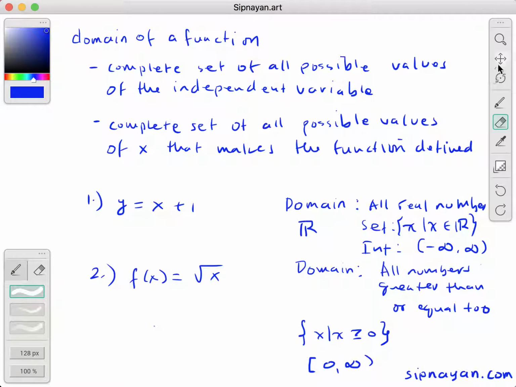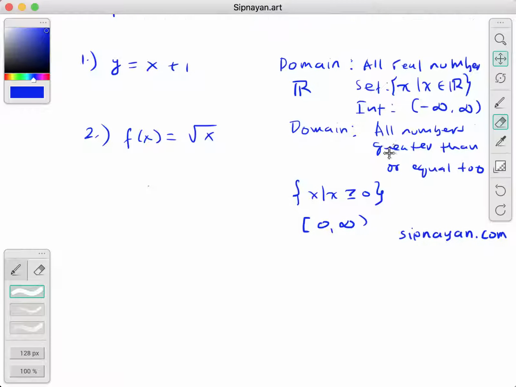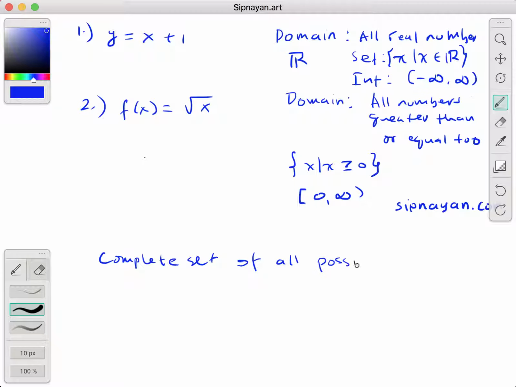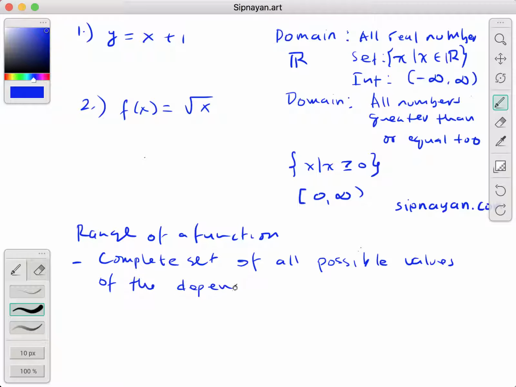Now, paano naman yung range, no? Halos pareho lang yan, no? Yung range nga lang, the range is the complete set of all possible values of a function. So complete set of all possible values of the dependent variable, no?